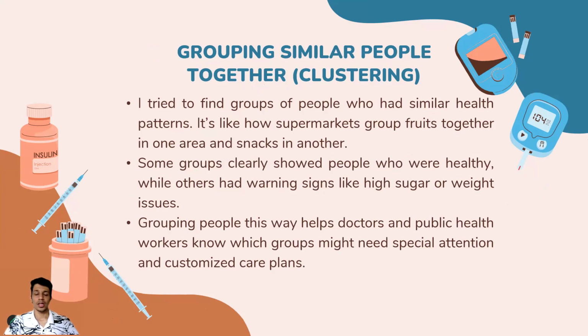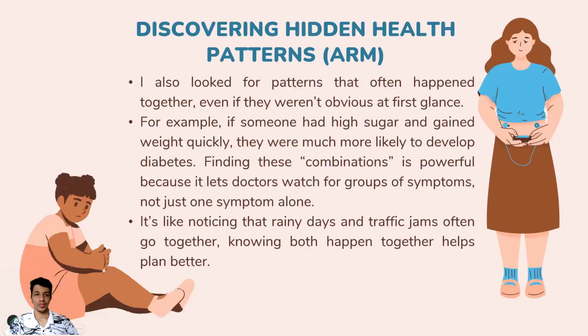Here, patients naturally fell into groups, one group being healthy people, another had medium risk, and the third group showed strong warning signs. This was important because it suggested that even before formal diagnosis, there are clear group patterns which we can act upon.